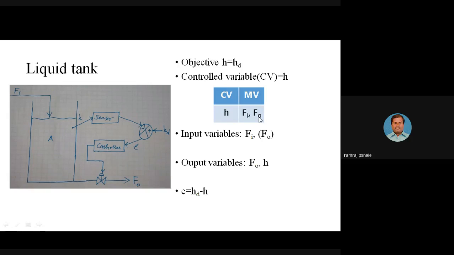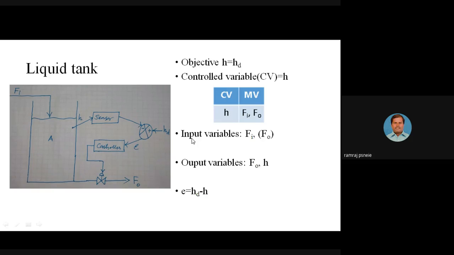F naught is the outlet flow rate. Here, the input variables are F suffix i and F suffix naught. Why are we putting F suffix naught as input? F naught is leaving us, so it is an output. Most people will think this is output only, so why are we keeping that in the input variable list? There is a reason: we already listed the variables.